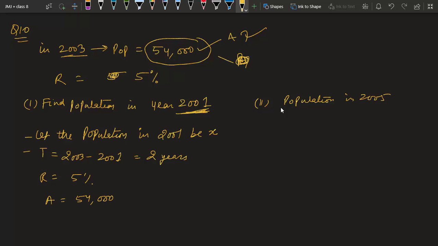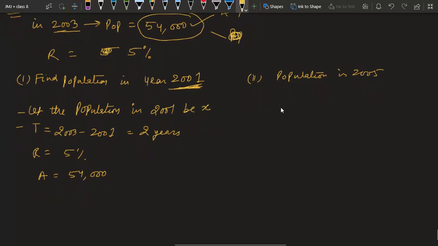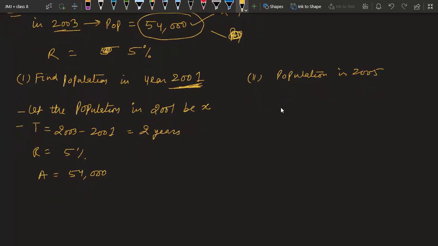So we are trying to utilize the formula of compound interest to do the question of population. So we all know amount is equal to principal, which is X, into 1 plus 5 upon 100 whole power 2. Let's solve this.